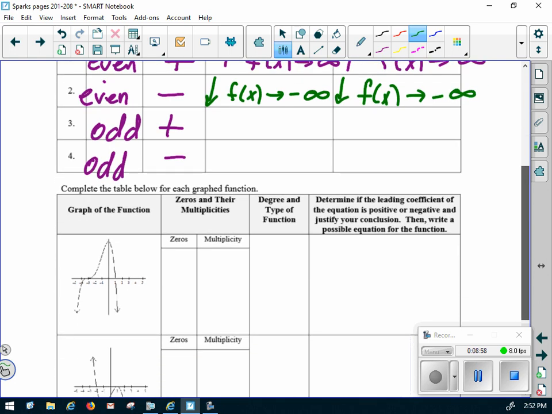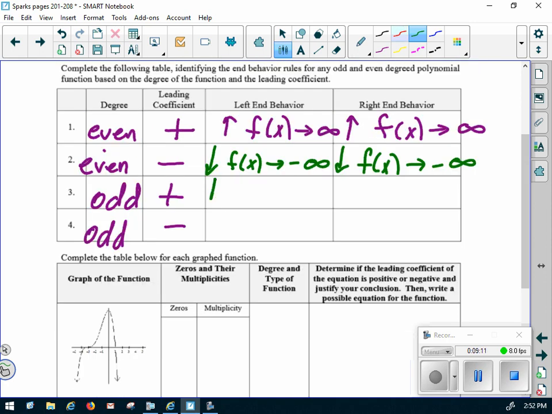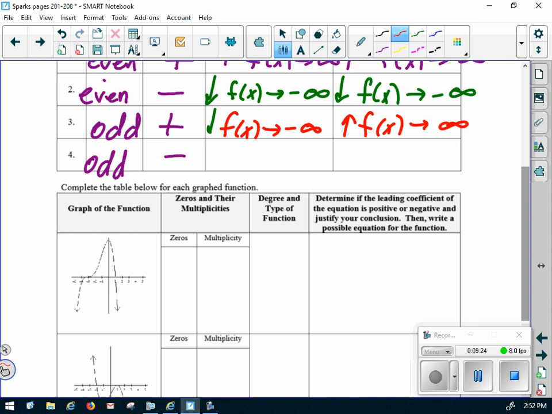Odd and positive. Same or different on the ends? Different. Odd and positive. Left is down, and right is up. Good. Last one there.